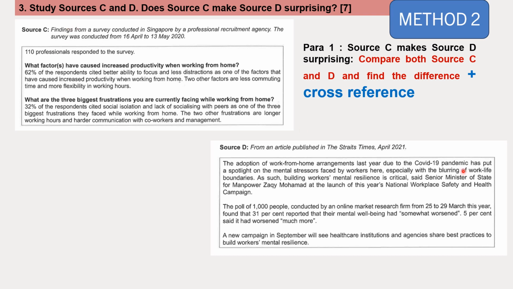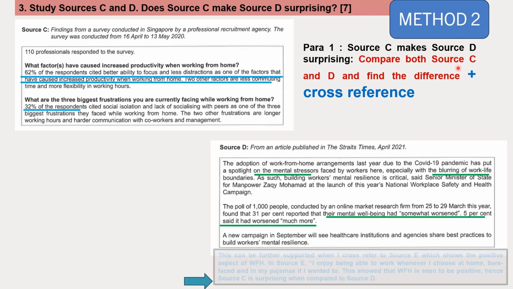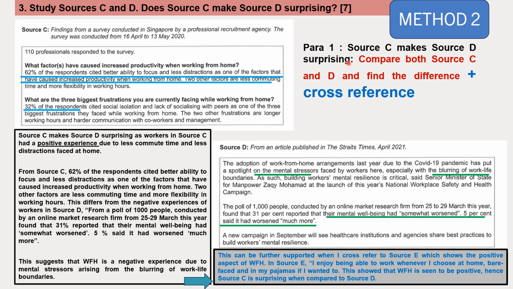So just now we have already established that we are looking at source C, and we say that source C is actually quite positive, whereas source D is actually quite negative, and that's the reason why they are different. So if you look very carefully, the answers that I'm having just now are the same. I only added in the cross-reference. And when you look at source E, source E actually tells you the positive aspects.